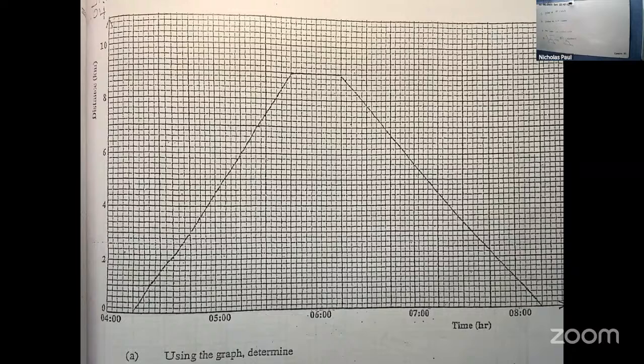So the way back to camp is here. How do you find the speed? Distance over time, or gradient. You can find gradient or you can find distance over time. Same thing.